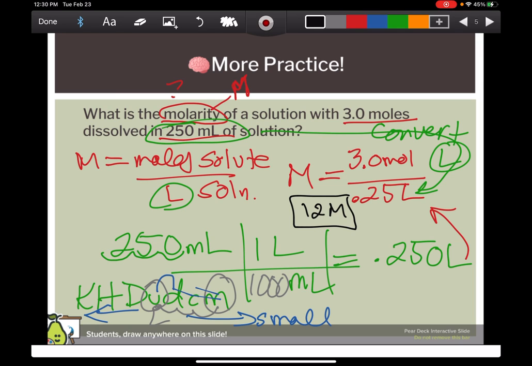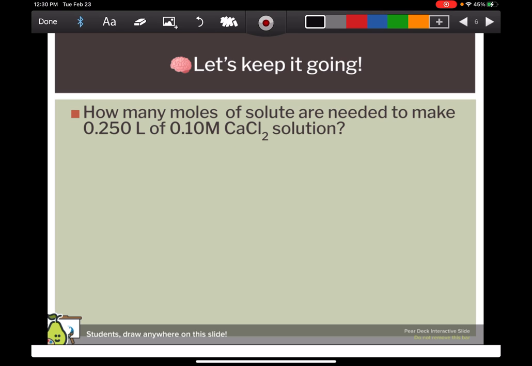All right, one more problem for you to try. I hope you've been working your way through these with me. Here's my last one. Now, before we get into this one and I have you work on your own, I want to point something out. How many moles of solute? This one's different because we are looking for the moles of solute and the liters and the 0.1 M are given.